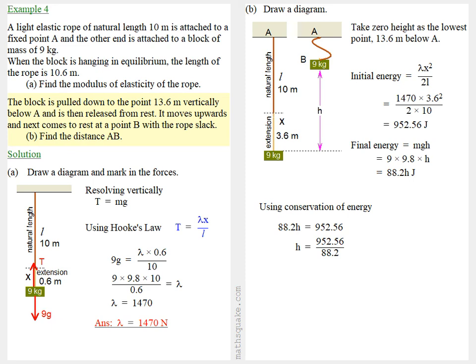Now we can divide both sides by 88.2, and that gives us h is equal to 10.8 meters. Now that means the block is 10.8 meters above the lowest point. So that means AB is 13.6 minus 10.8, which is 2.8, and so we have AB is 2.8 meters. That means the block is 2.8 meters below A.